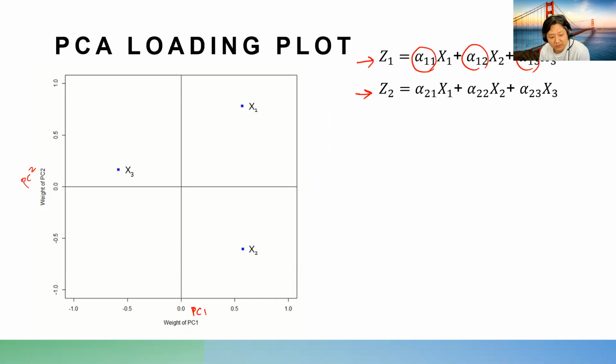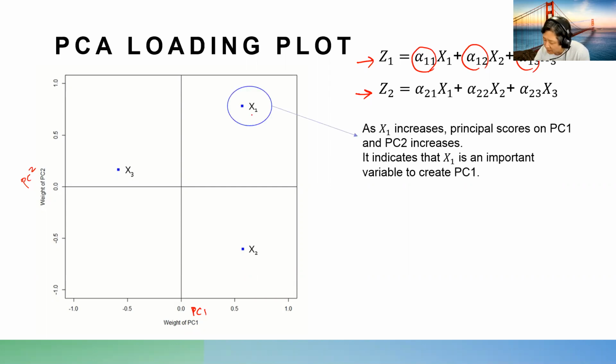Okay, so how can we interpret this? First, let's look at x1. As x1 increases, the PC1 value, this is PC1, right? So here is 0. It's right here, right?